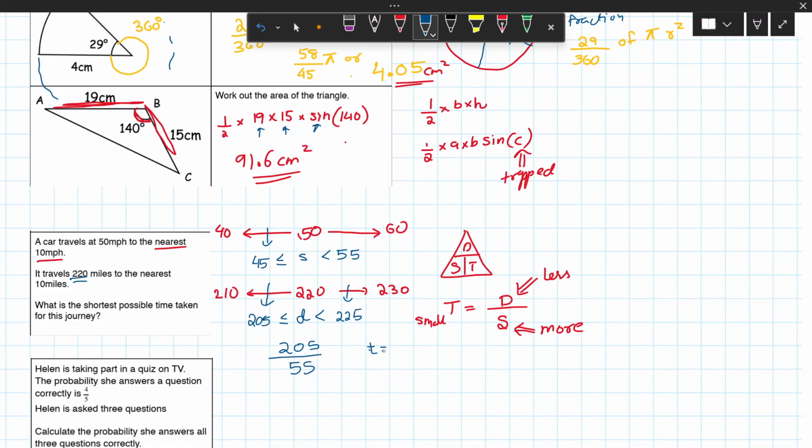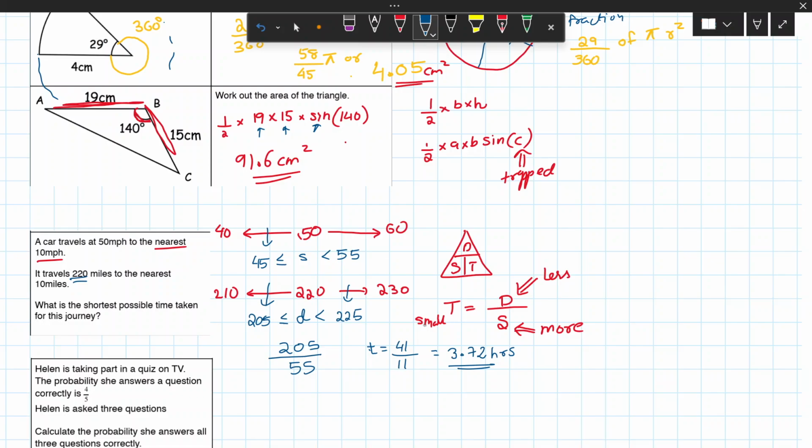So the time is equal to 41 over 11. And that's in hours, but we would like that in hours. So that's 3.72 hours. So that's our shortest possible time.